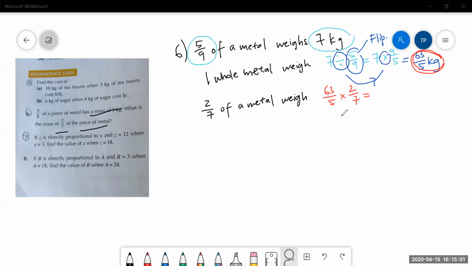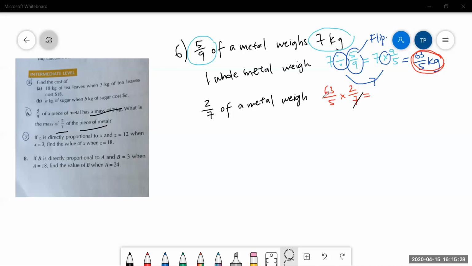126 out of 35. No, do cancellation first. Look out for similar numbers to cancel. 63 and 7.